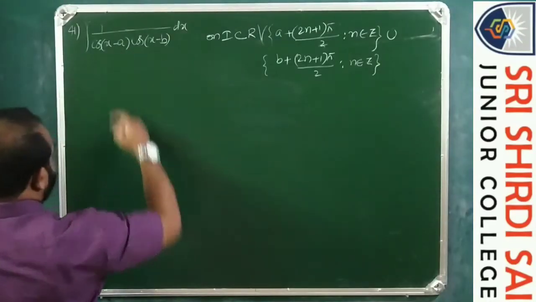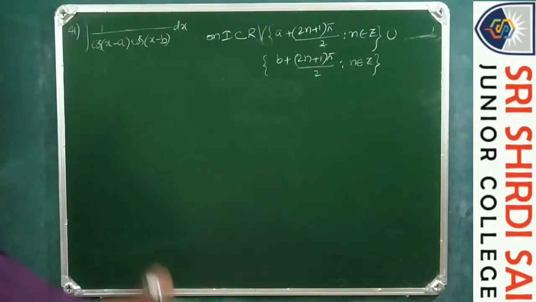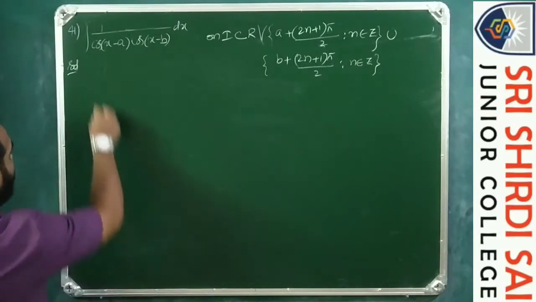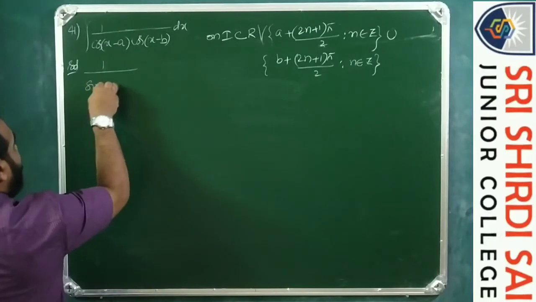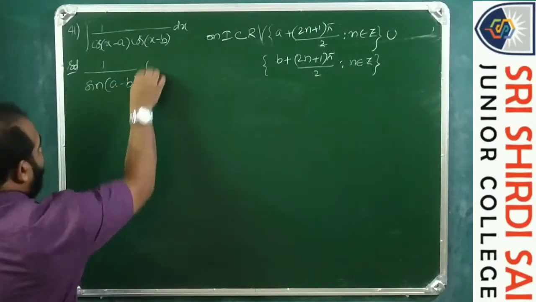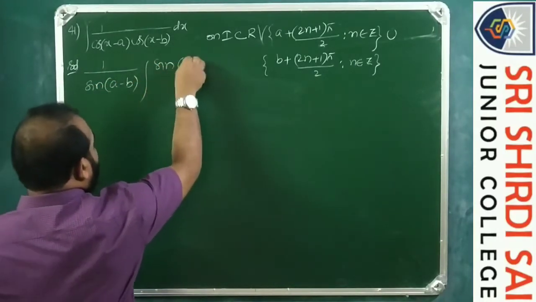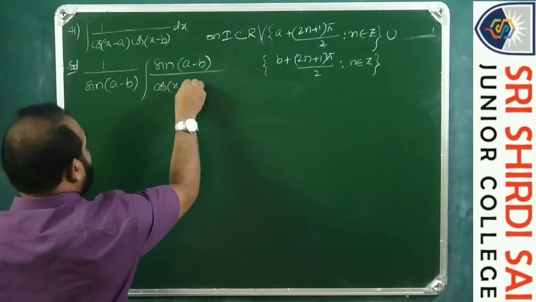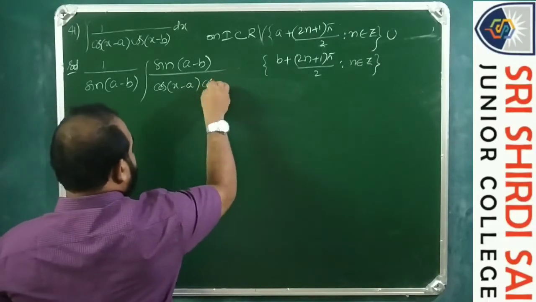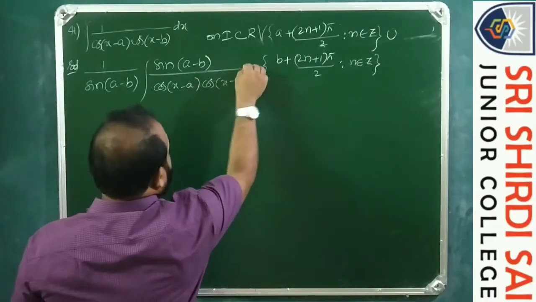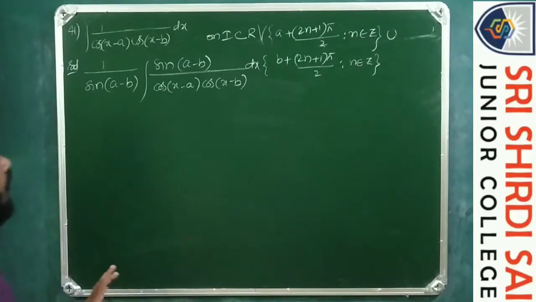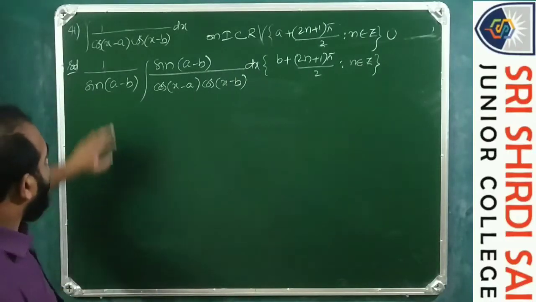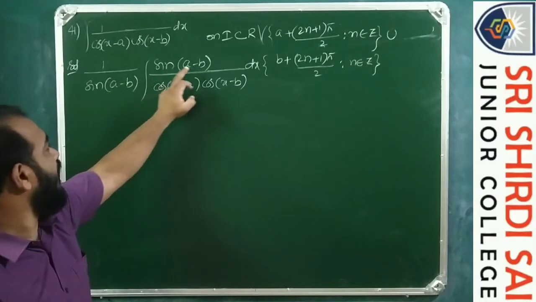Next, the integral 1 by cos(x minus a) into cos(x minus b) dx. So I am multiplying and dividing by sin(a minus b). That is 1 by sin(a minus b) into sin(a minus b) by cos(x minus a) into cos(x minus b) dx. What I did is I multiplied and divided with sin(a minus b).